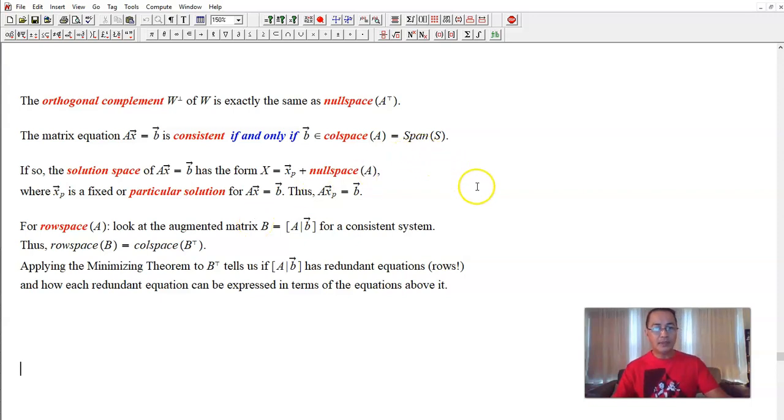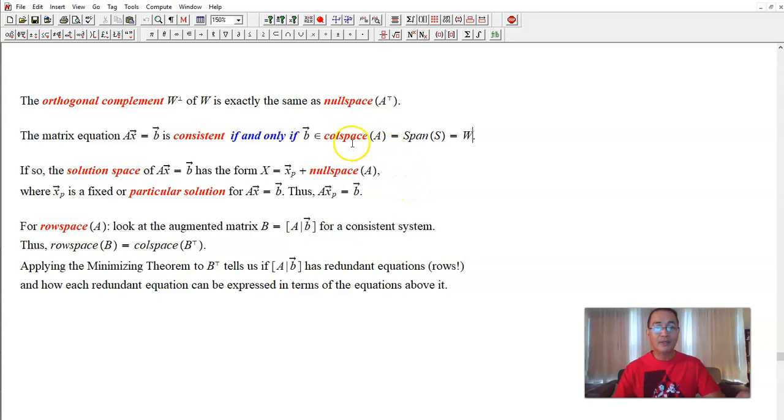What did we just do in this video? We talked about the column space test for consistency. Okay, we said that the equation AX equals B is consistent if and only if B is from the column space of A, but that's exactly the span of S, our vectors, which we called W. If this happens, if our equation is consistent, then the solution space has the form XP plus the null space.